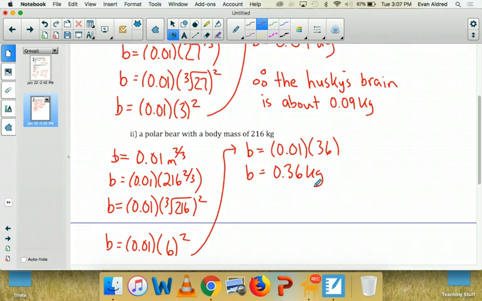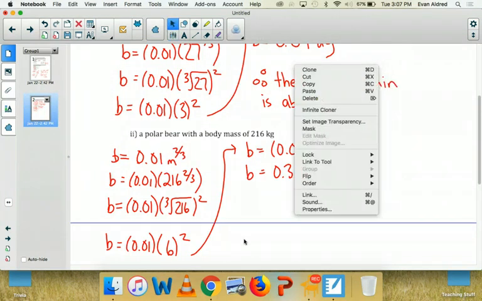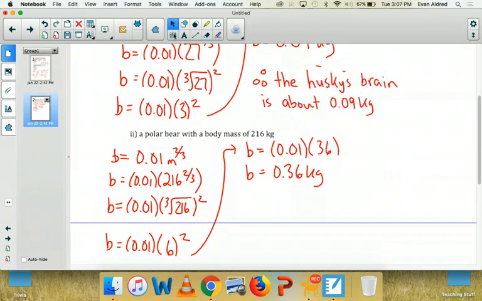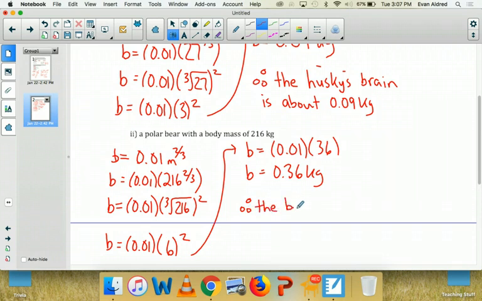The polar bear weighs a lot more than did the husky, so it makes sense that its brain would weigh more than the husky's brain. So therefore, the bear's brain weighs 0.36 kilograms.